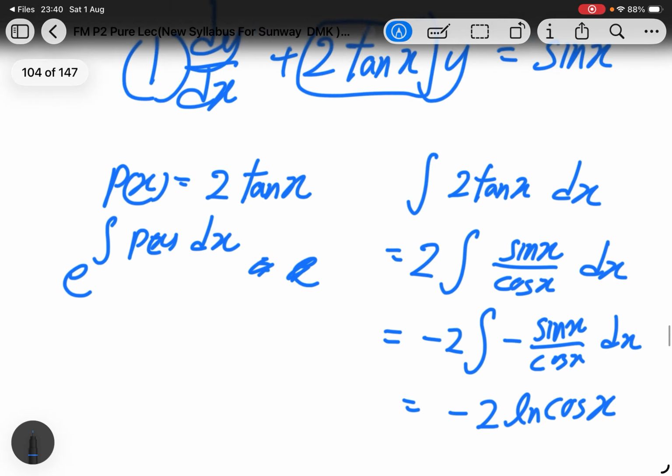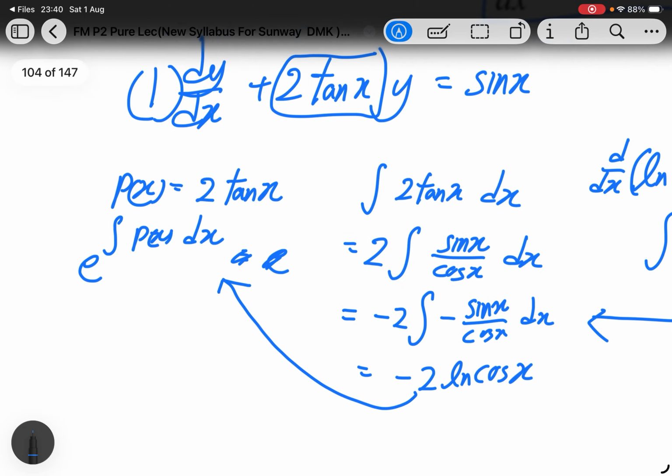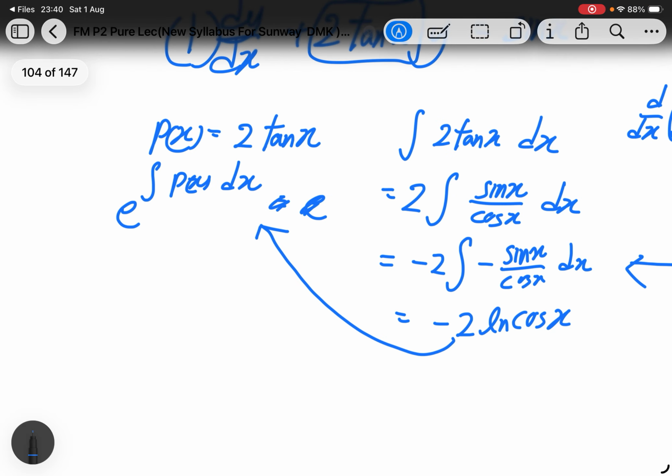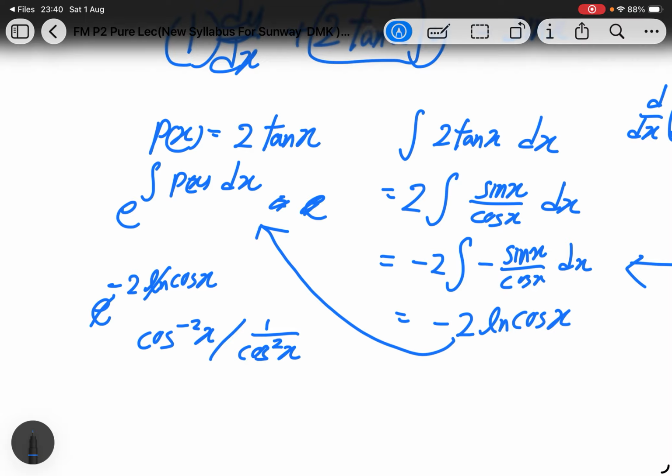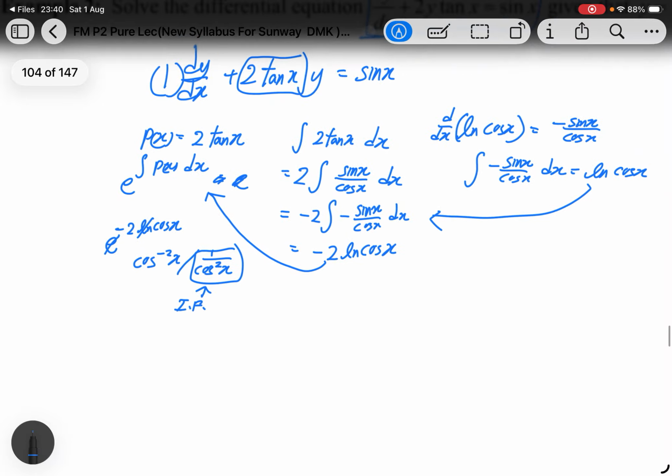And with this I can put it to the power e, so I get this, and we know that these two cancel out, so I get cos^(-2) x, which is just 1 over cos squared x. This is my integrating factor. Now let's try putting everything in.